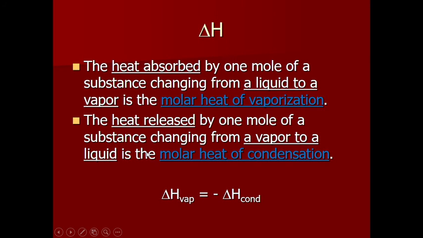So delta H vaporization, the enthalpy of vaporization, is written with a positive sign as the heat is absorbed in this process. However, the enthalpy of condensation is written with a negative sign as the heat is released in that case.